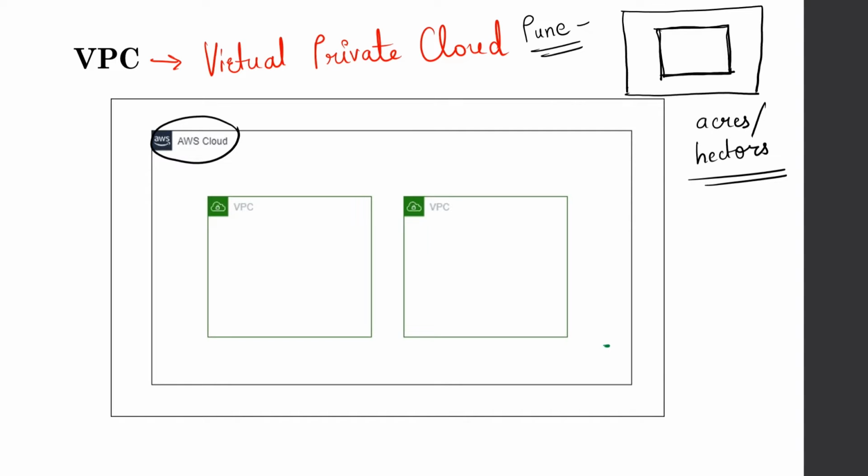And then you start creating your house, your storeroom, your guest room, your garden, etc. Right? You don't directly go and build anything anywhere, right? So you are allocating a particular space for you to have your resources, right? Similarly, in an AWS cloud also, if we want to create a particular project with specific requirements, then in that case, we need to assign a particular address range for that particular project.